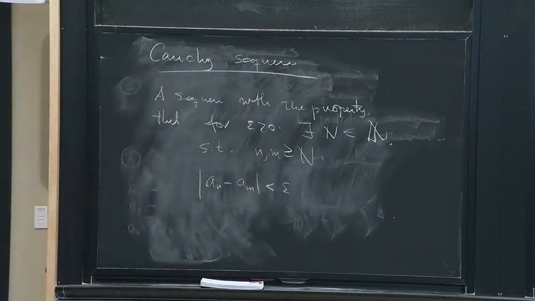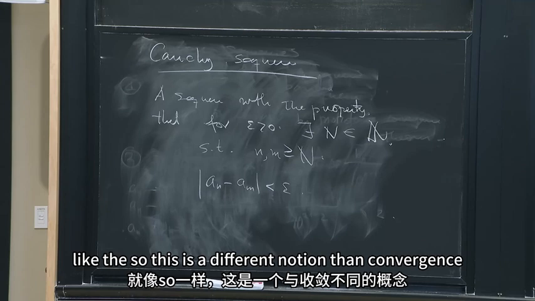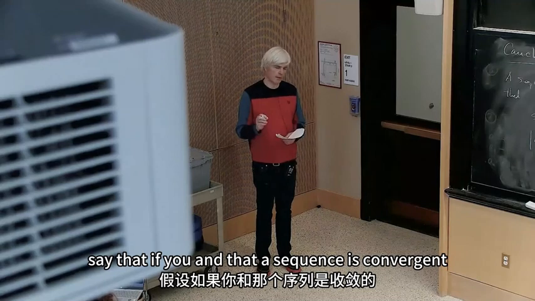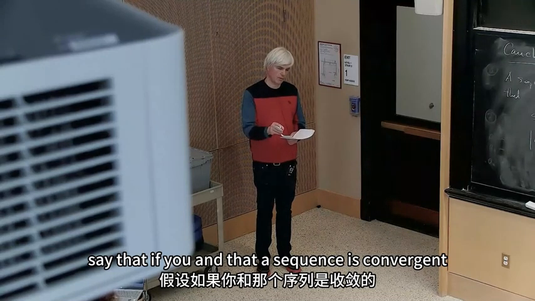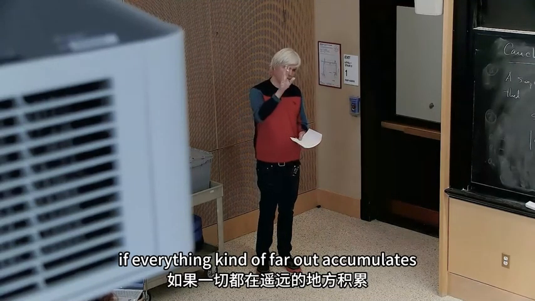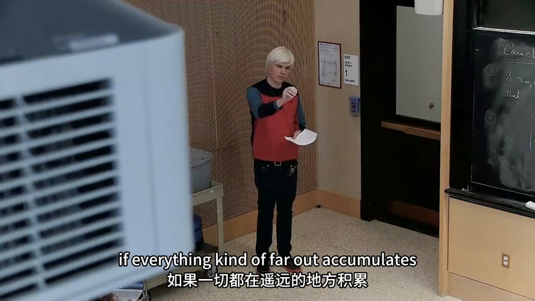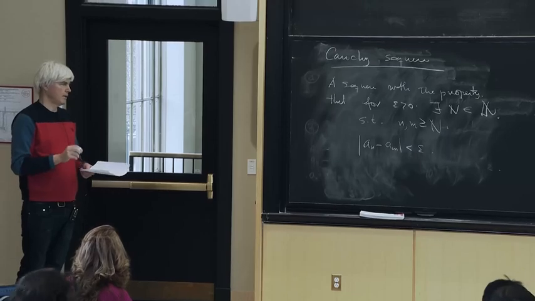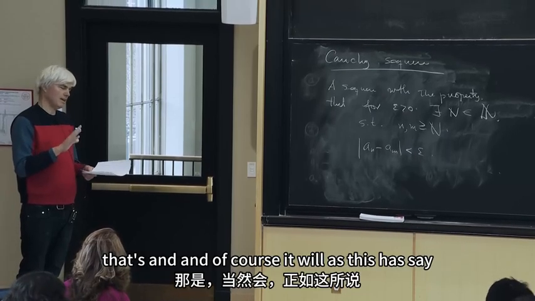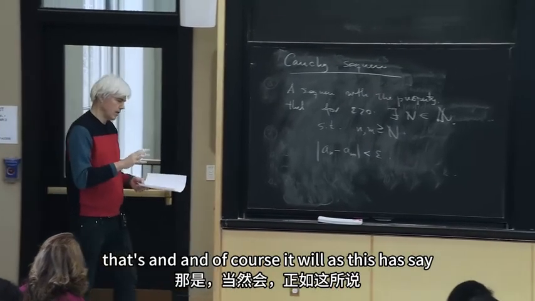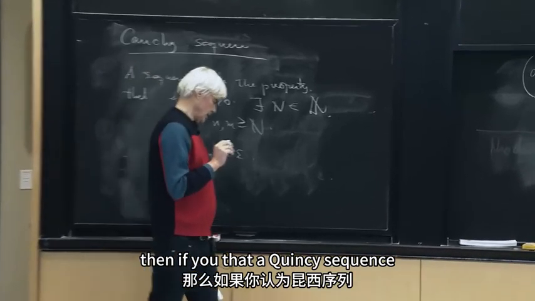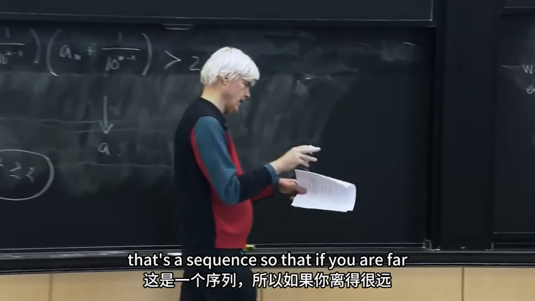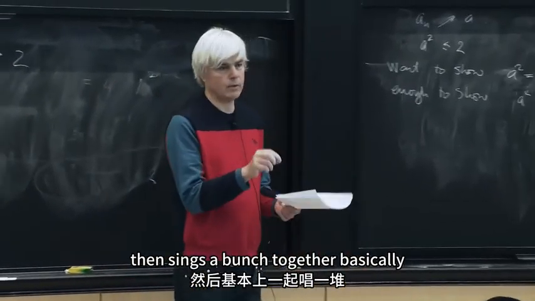So this is a different notion than convergence. Convergence says that a sequence is convergent if everything far out accumulates around the limit, right? This here says that a Cauchy sequence is a sequence so that if you are far out, then things bunch together, basically.